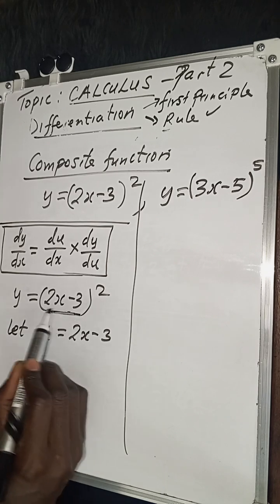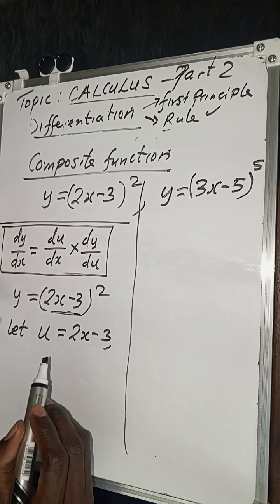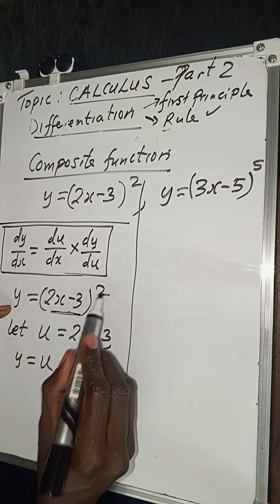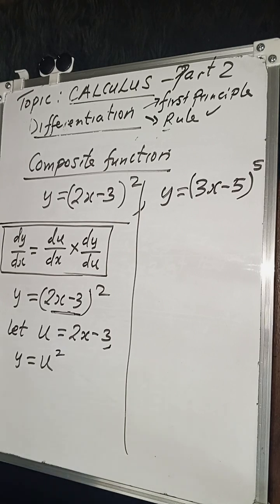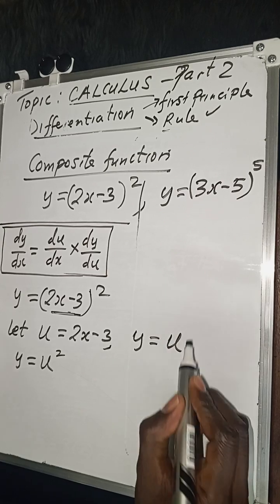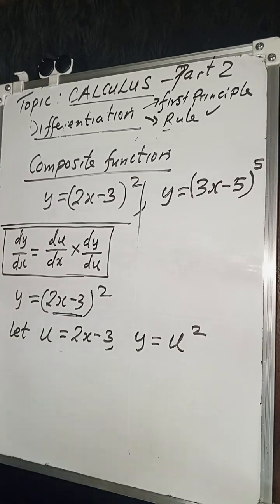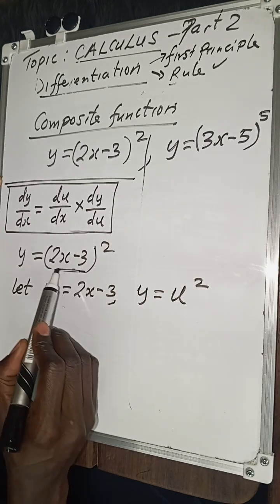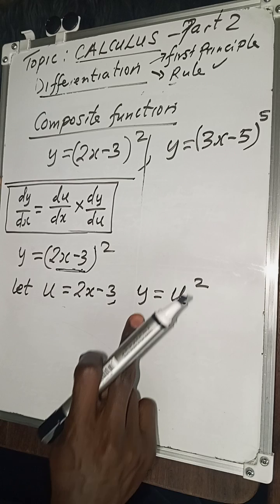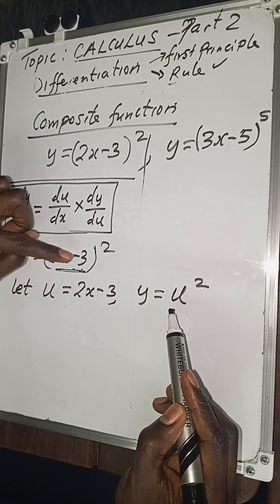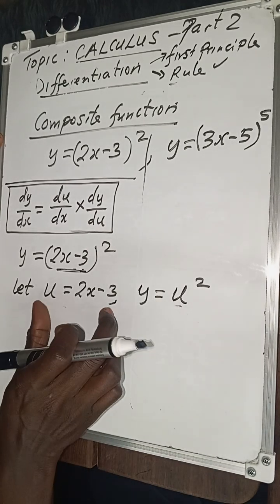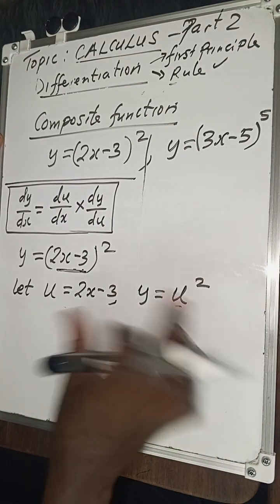So if this is representing u, then I can write y is equal to u raised to the power 2, because 2x minus 3 is now represented by u. So what do we do? You differentiate these separately, then you just multiply.